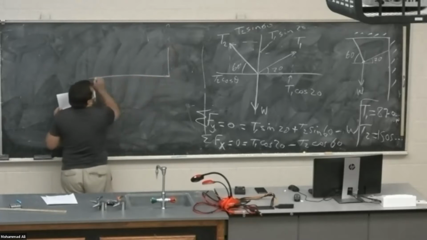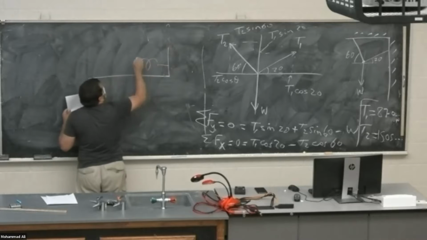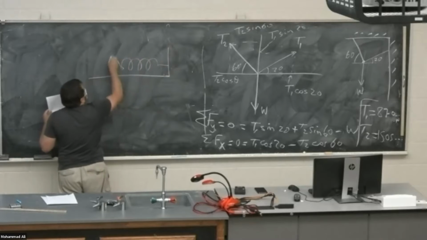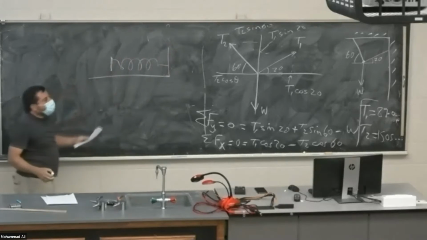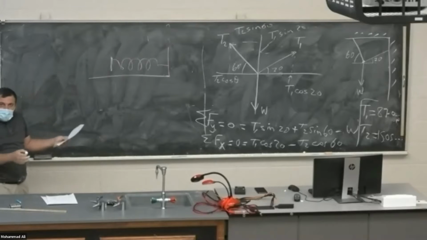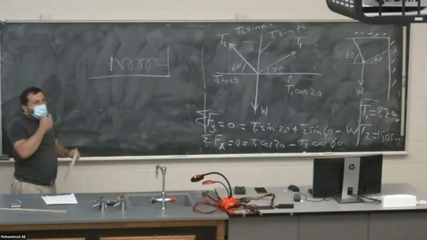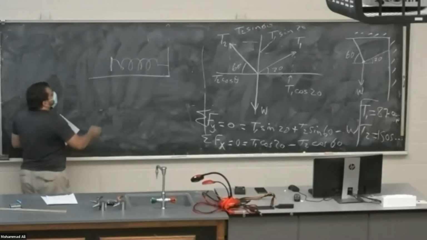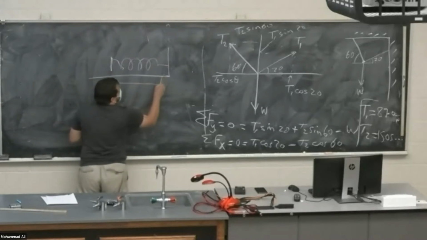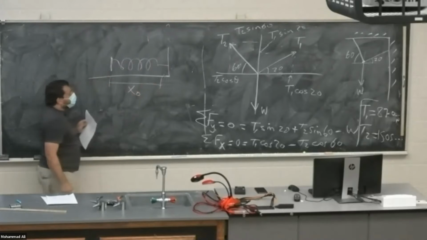You know the spring. Without any force, the spring has its length and its mass, and its mass is supposed to be 0.